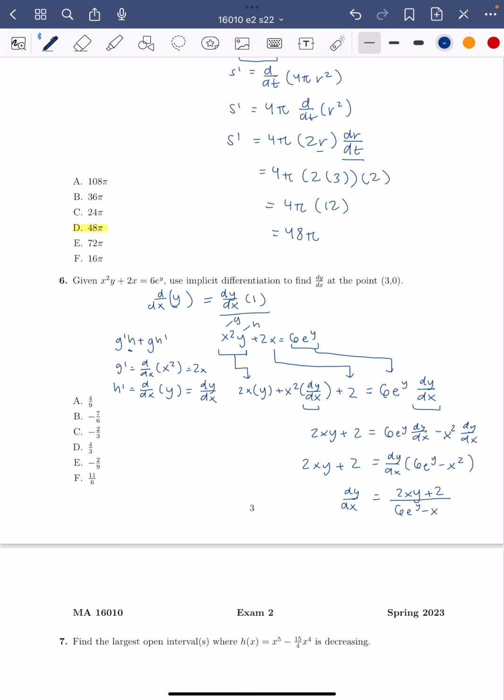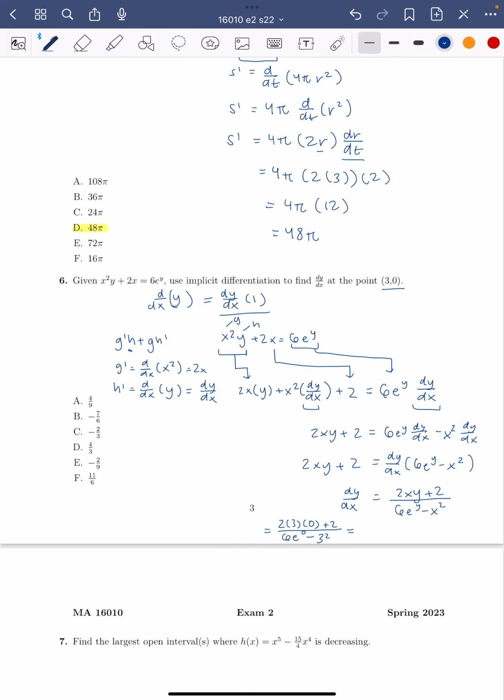Now it's asking at the point 3, 0, so we plug in 3 for x and 0 for y. That would give us 2 times 3 times 0 plus 2 over 6e to the 0 minus 3 squared. I'm running out of space again, so I'm going to move this a little bit.